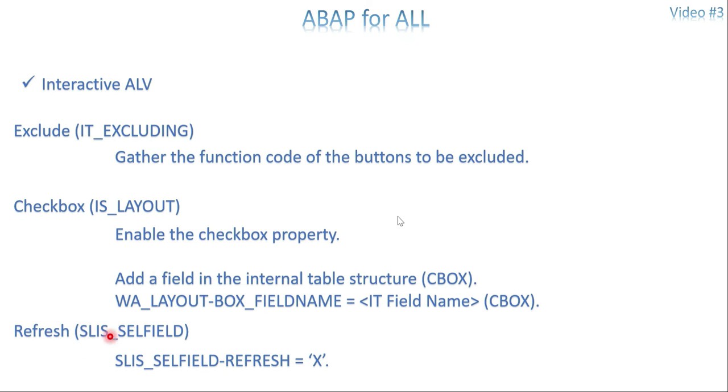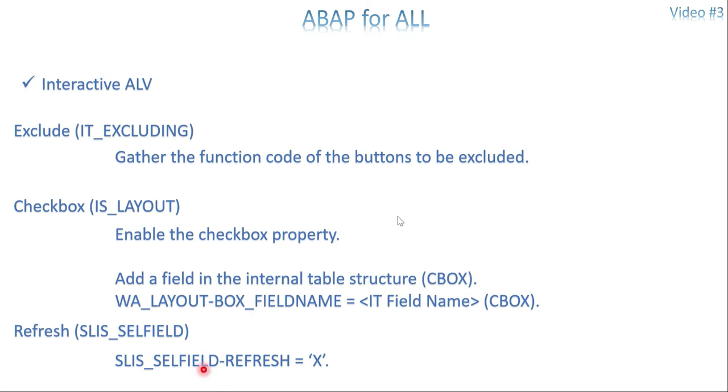And then one of the fields comes under SLIS_SELFIELD. The field name is REFRESH, meaning whatever I'm doing in my internal table needs to be refreshed. For example, if the user clicks the button save or refresh, I'm doing some manipulation in my internal table. Whatever I did in my internal table needs to be refreshed in my ALV, right?